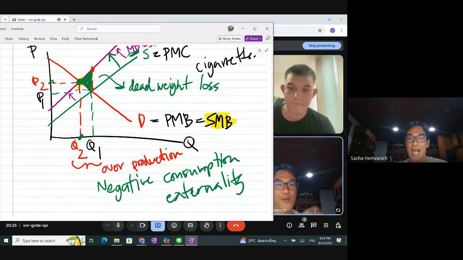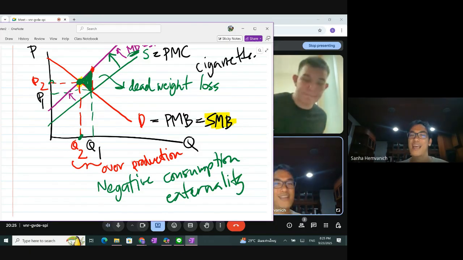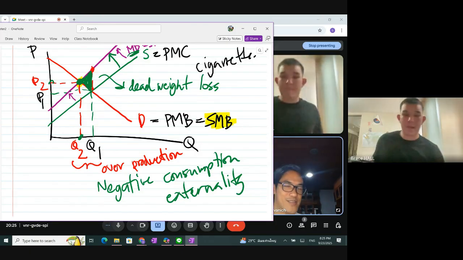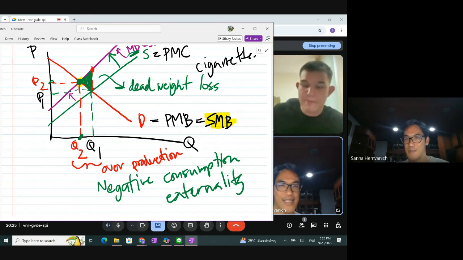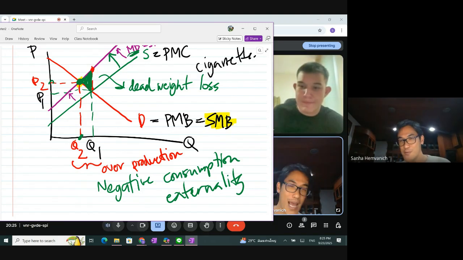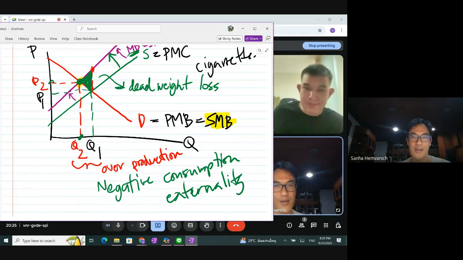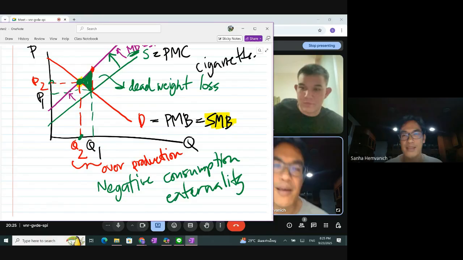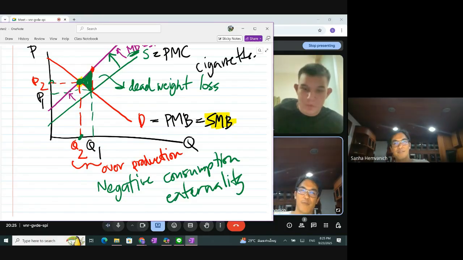But you can have a positive consumption externality, a negative production externality, or a positive production externality. So there are 4 different cases, but we don't have to do all 4. You can do it later in your study if you choose econ, but this is an extension of what we have been discussing.